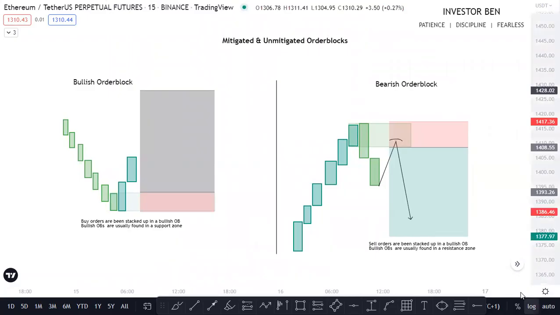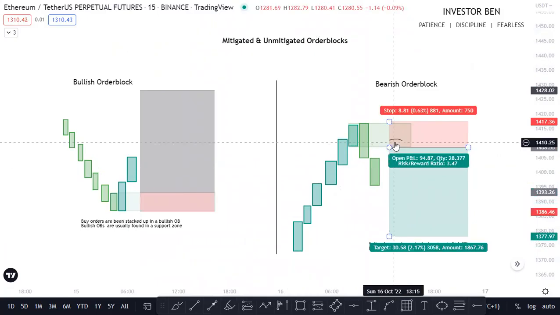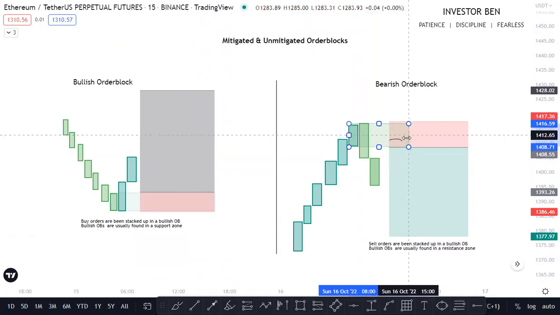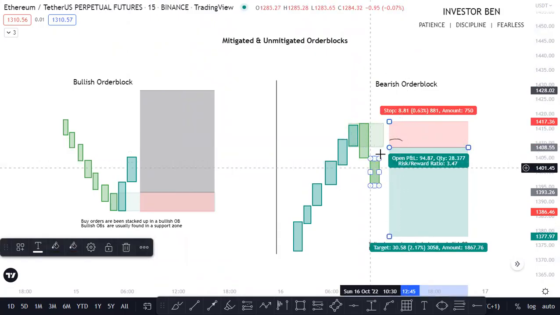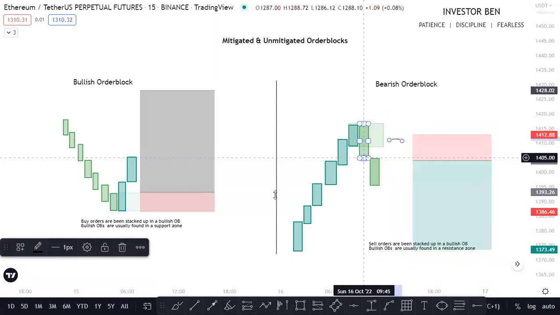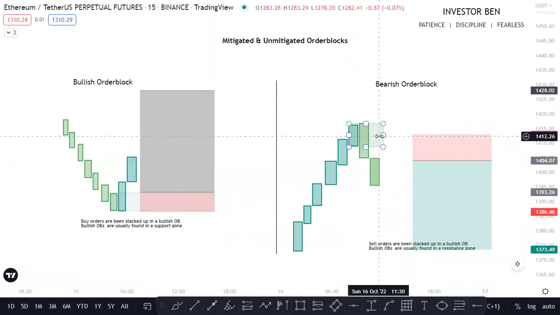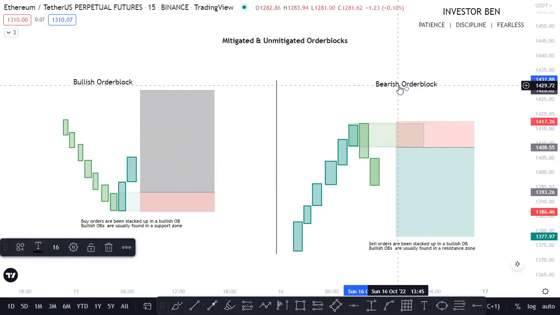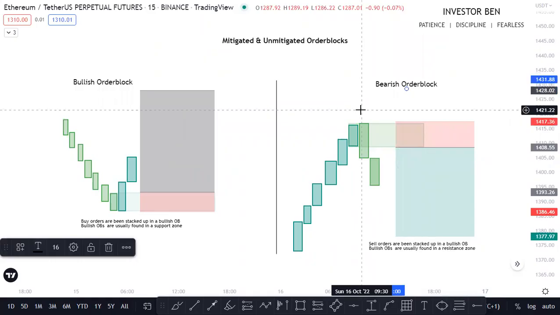Right, and let's do the same for this one. Okay, so now I've removed everything here.